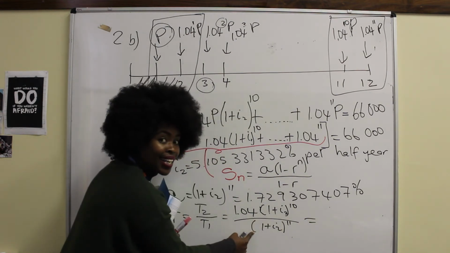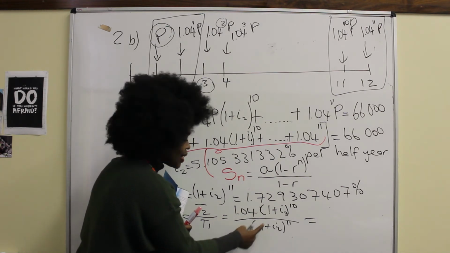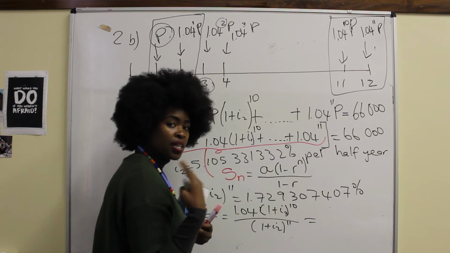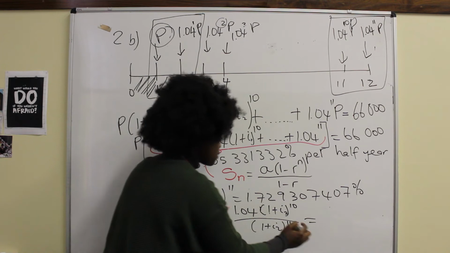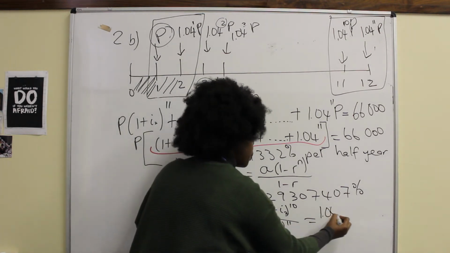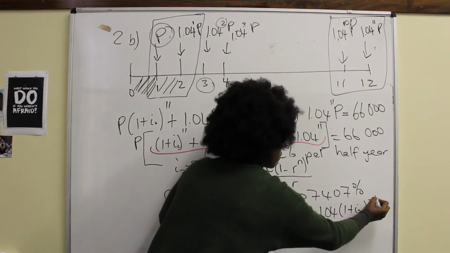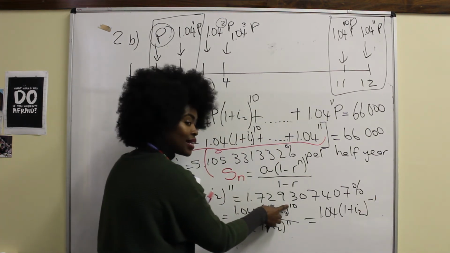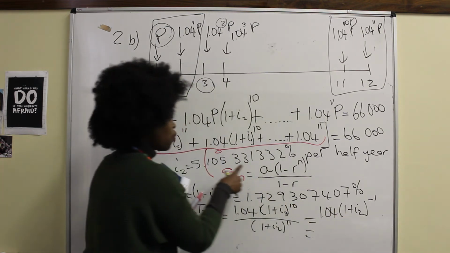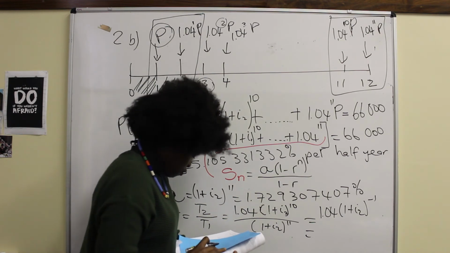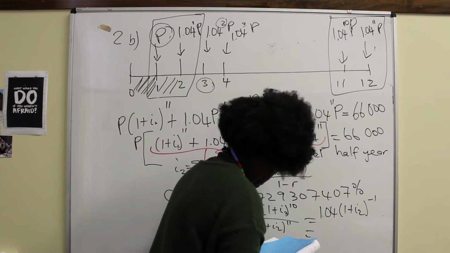As the terms have the same base, from high school we know that when dividing we simply subtract the powers, 10 minus 11. So it is 1.04 into (1 plus i2) to the power negative 1. If you substitute your i, you should get it.